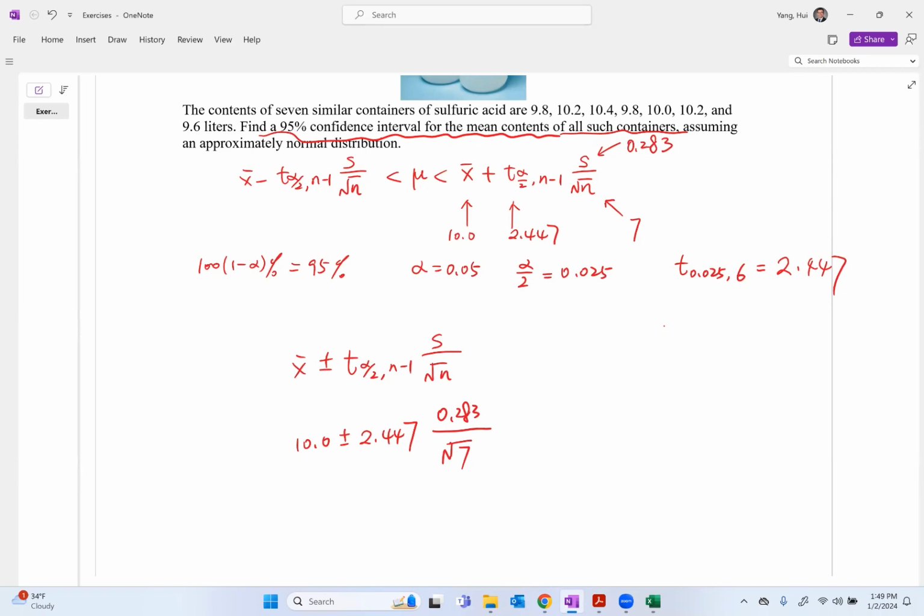After calculation, mu will be in the range of 9.74 to 10.26. So this is the 95% confidence interval for the mean contents of all such containers.